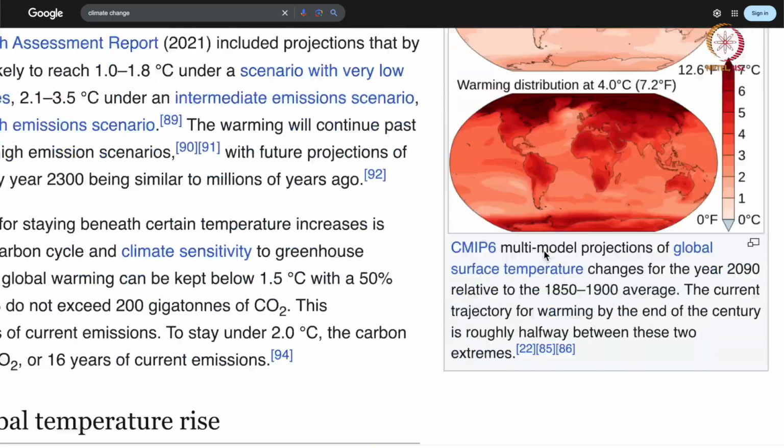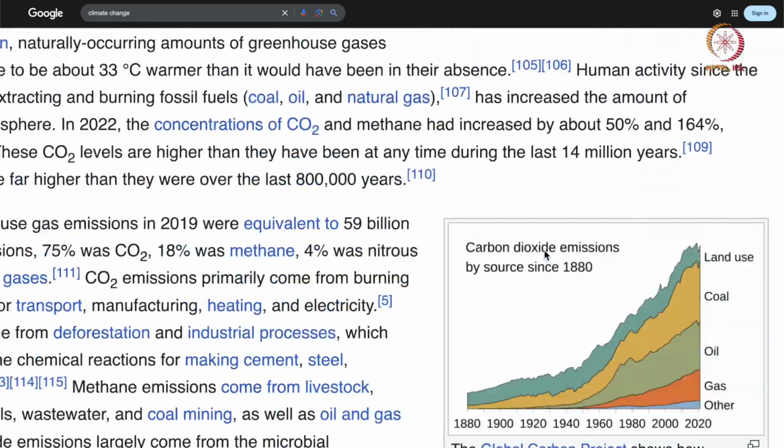So this is a complex problem. You cannot learn the subject just by looking at various discussions on the internet. You have to go through a proper course in which you understand the basics and the challenges that we face in both documenting climate change and predicting climate change.